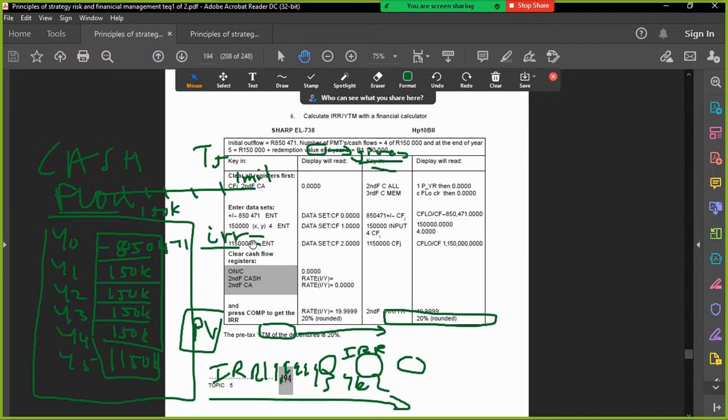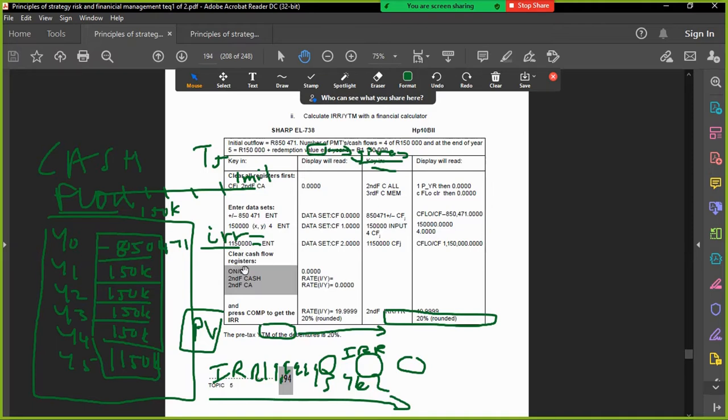Okay, then you've got to put in 1.15 million, 1,150,000 basically. Enter. That'll be cash flow number 5. Okay, follow the steps here. Clear the cash flow register.